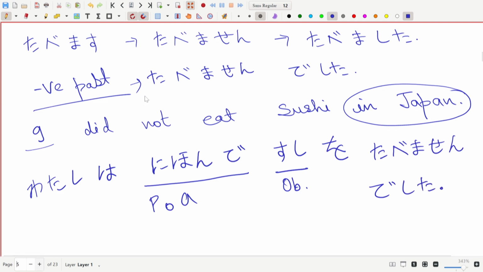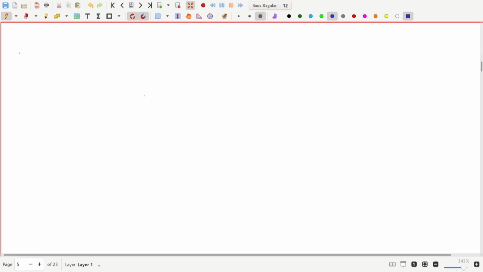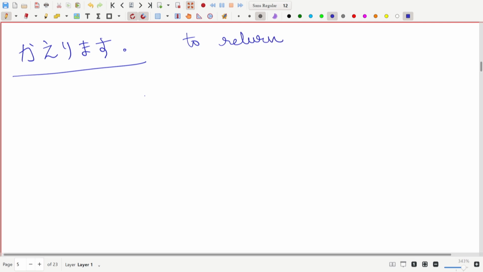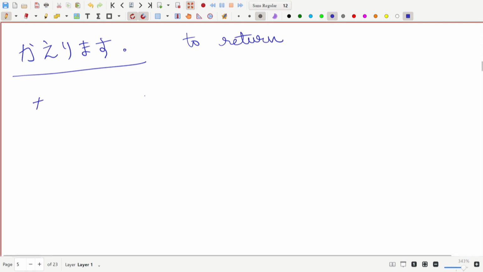Okay, next if we want to make it with kaerimasu. Kaerimasu is to return. So how to make it? Father didn't return home. Father is chichi.